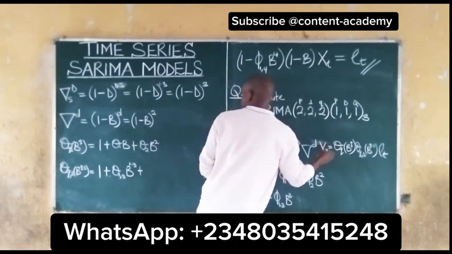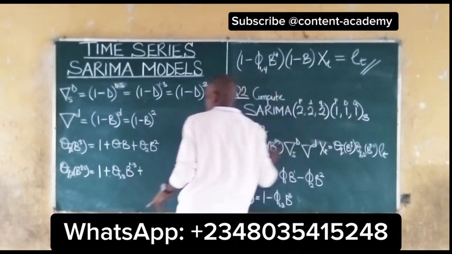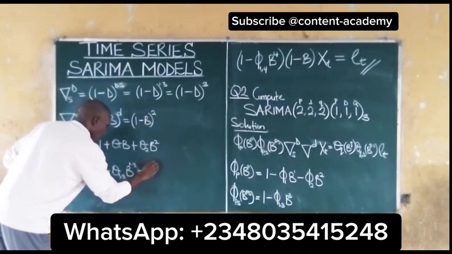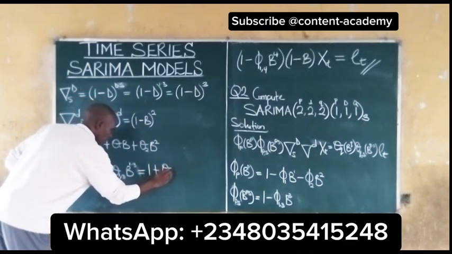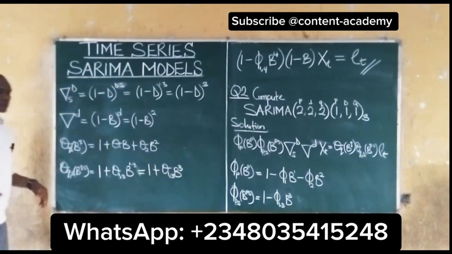The seasonal moving average part is just 1. So we have it to be 1 plus Theta_{1,3} B raised to the power of 3.